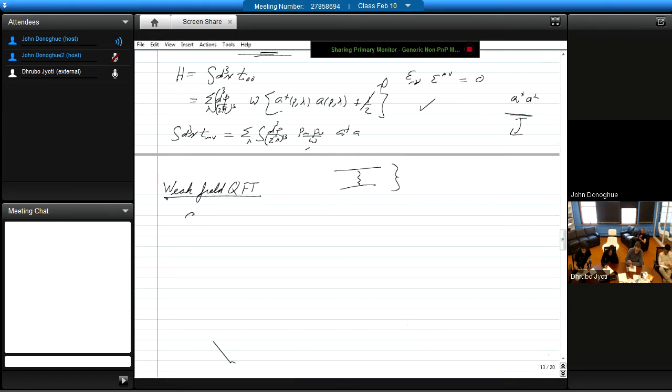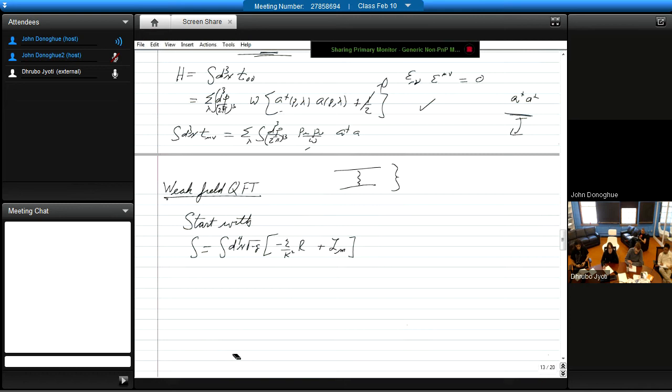Okay, so we're going to start with the action, which is the integral d4x square root of minus g, of minus 2 over kappa squared R plus the Lagrangian for matter.